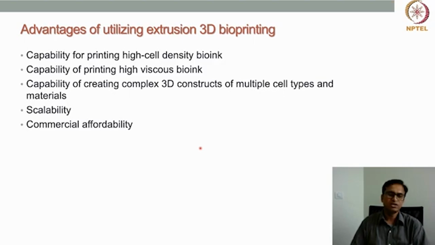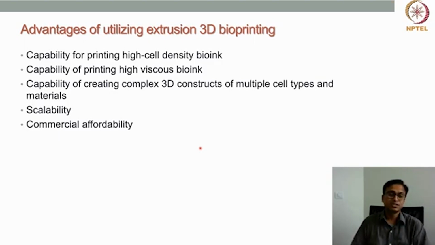Because in some of our tissues, the cell density is very high, it can be of the order of 10 to the 7 or 10 to the 8, so it's like 10 million or 100 million cells per ml. That much cell density can be printed with this bioprinting.